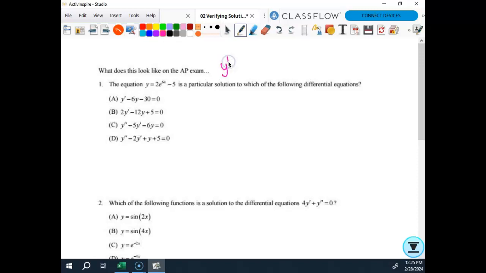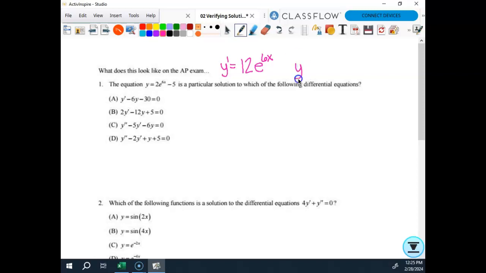So y prime, what's that first term going to end up being? Good. 12e to the 6x power. And then the negative 5, that's just the derivative is 0, right?